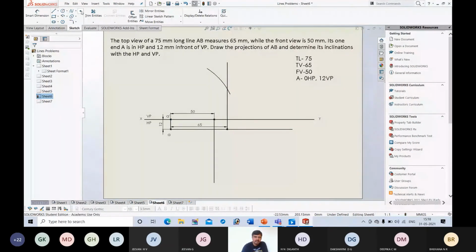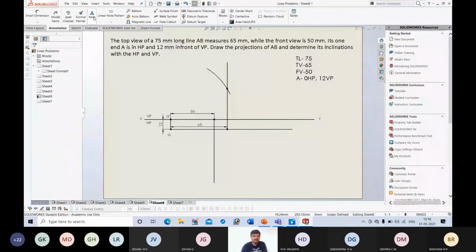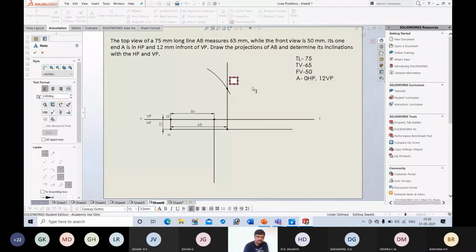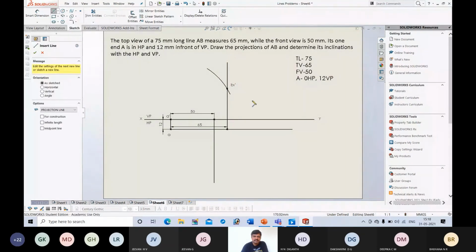Okay, so this point is B1 dash. Okay, so B1 dash means, it is a locus of B. Both B1 dash and B dash, they will lie on the same horizontal line, that is the locus of B. So if I get B1 dash, immediately I can draw a horizontal line, that itself is the locus.